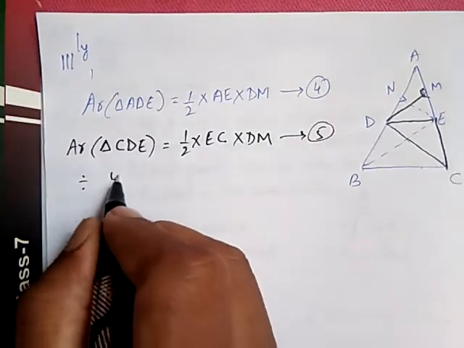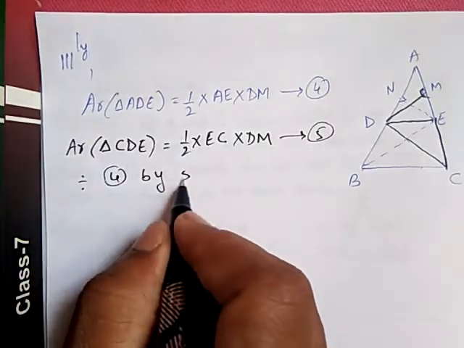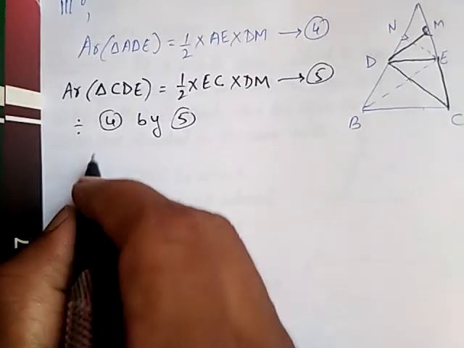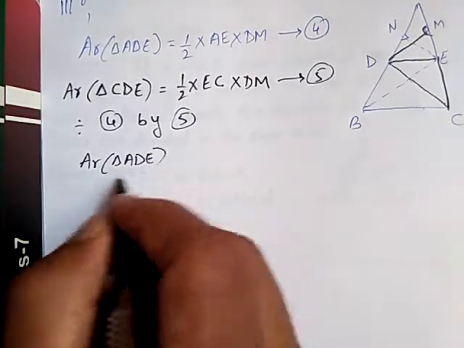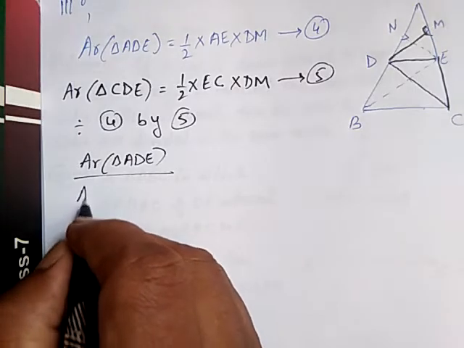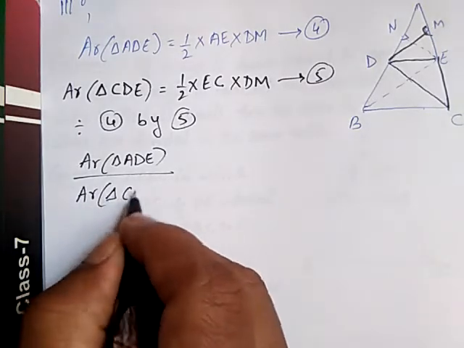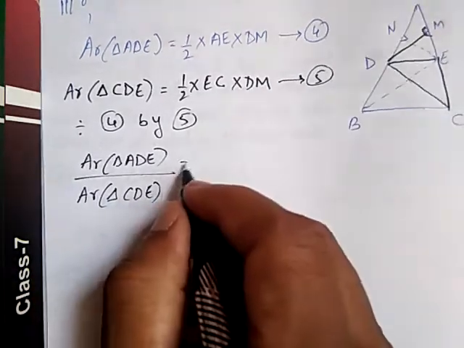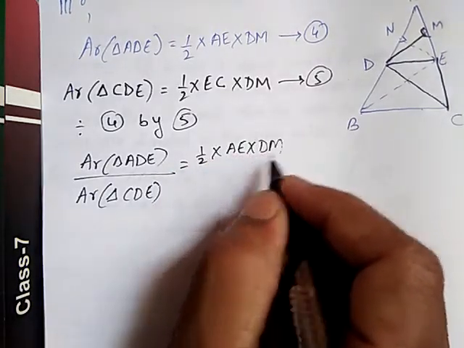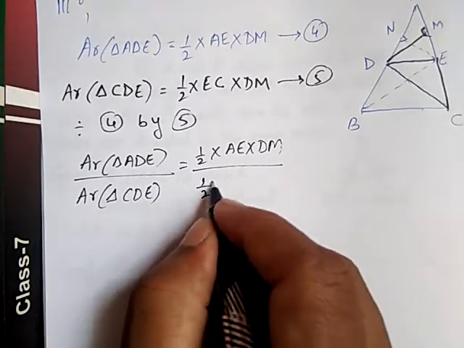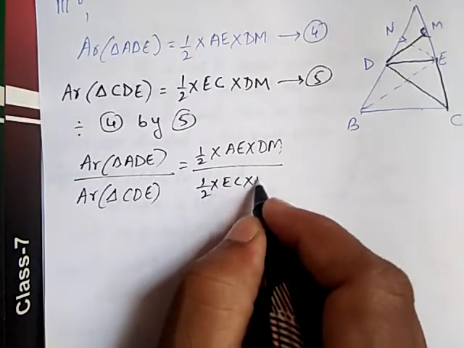Again, divide equation number 4 by 5. After dividing this, what happens? Area of triangle ADE divided by area of triangle CDE is equal to half into AE into DM divided by half into EC into DM.